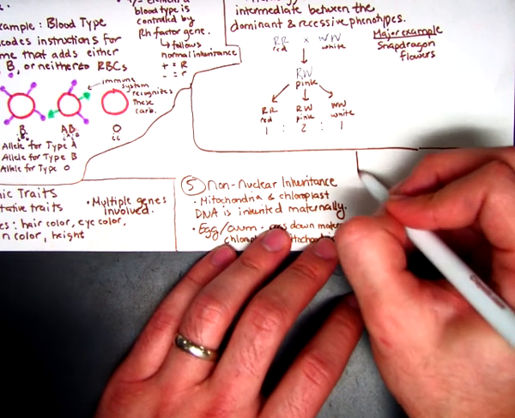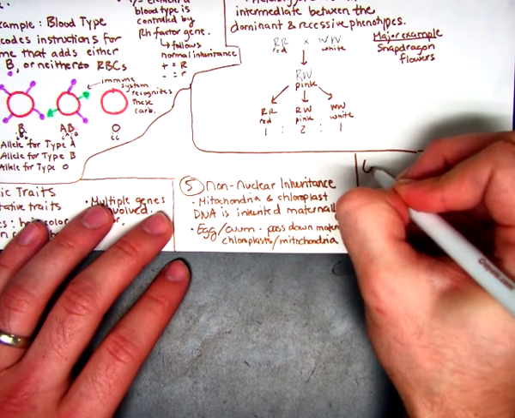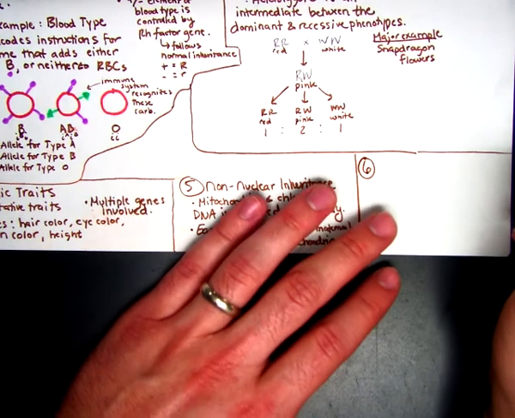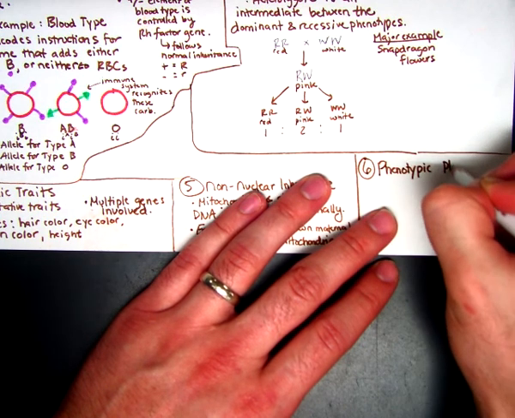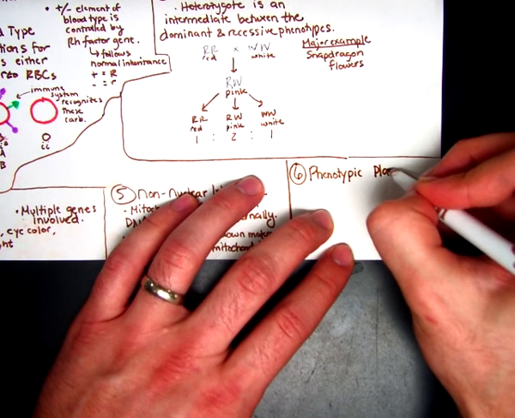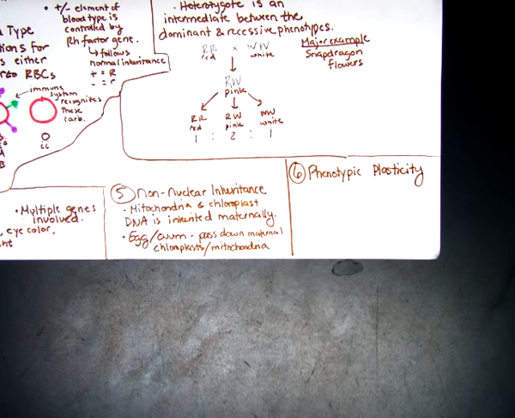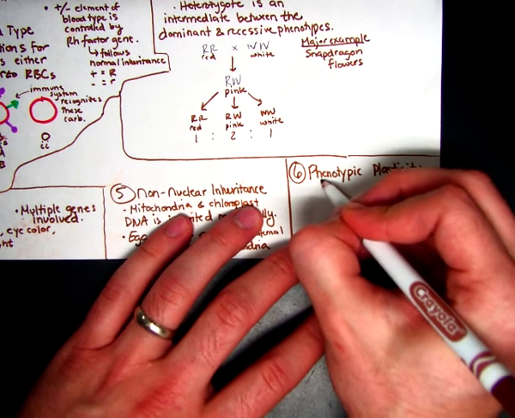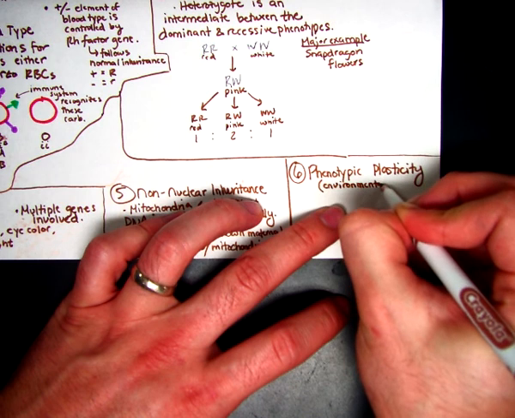And then the last one, this is called phenotypic plasticity. And the idea here, plasticity means malleable, or able to change. It's not stagnant or completely determined. And what this means is that you can think about this in terms of environmental impact.